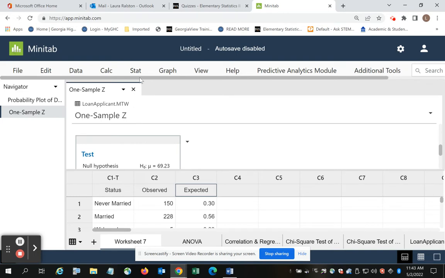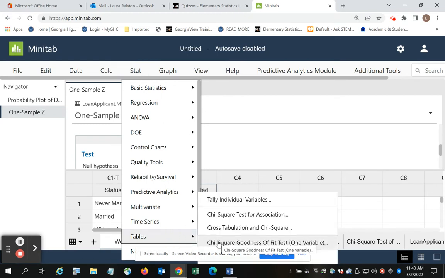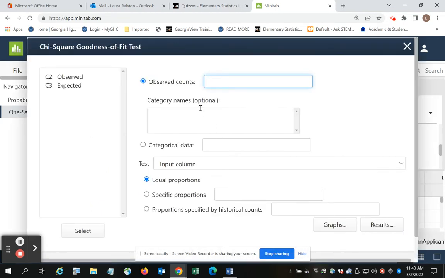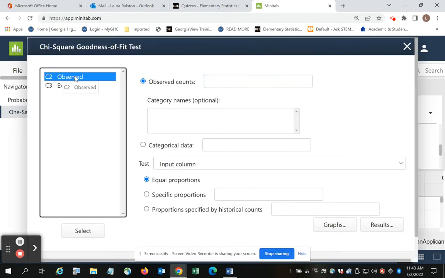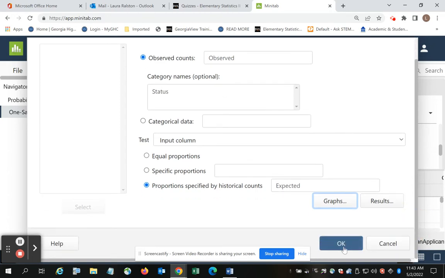We go to Stat, Tables, Chi-Square Goodness of Fit. Our observed counts are in column 2. The category was in column 1. We are doing specific proportions from historical counts, and those are in column 3. That's our expected. And then we click OK.